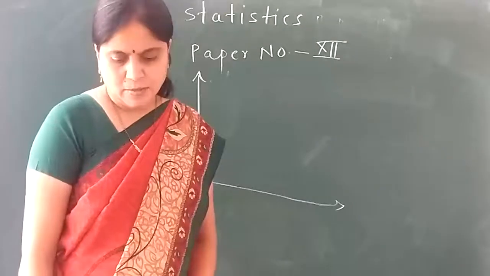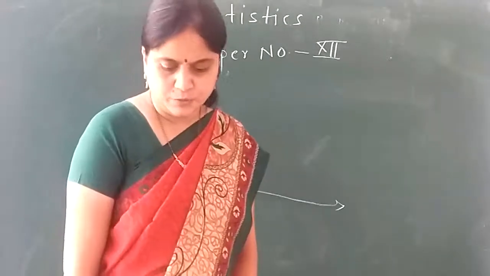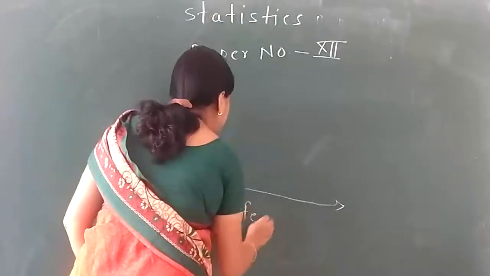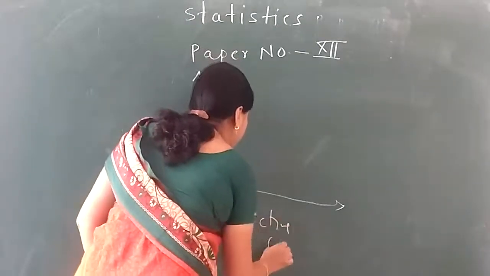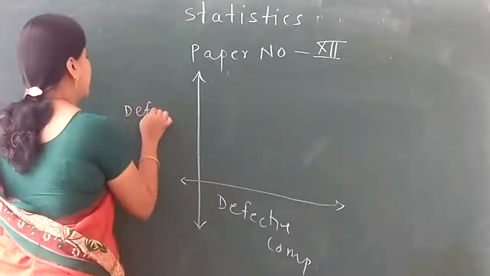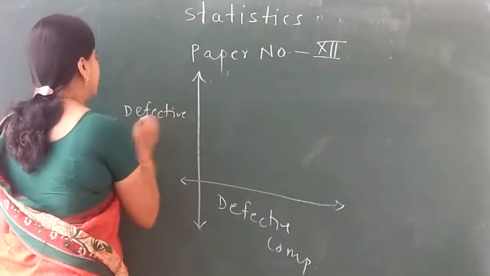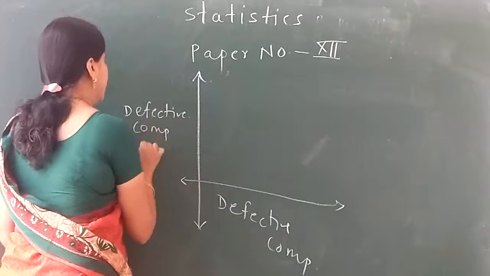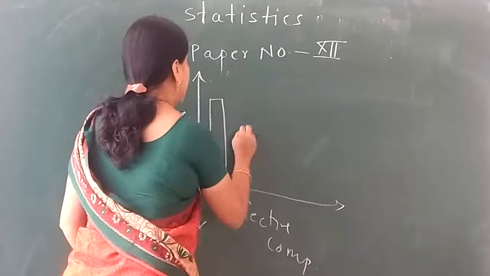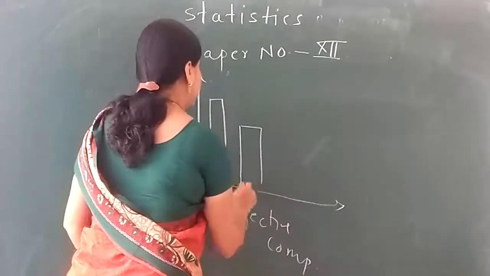On the x-axis I have the defective component, and on the y-axis I have the defective component number. Okay, so this is my chart. It looks in this manner.